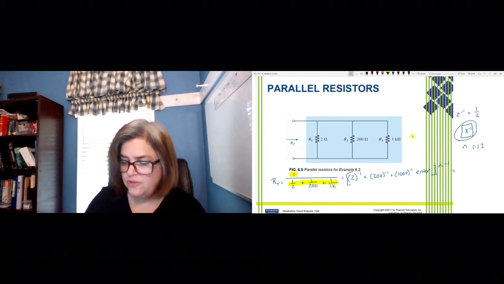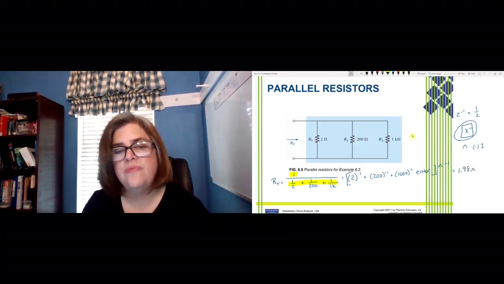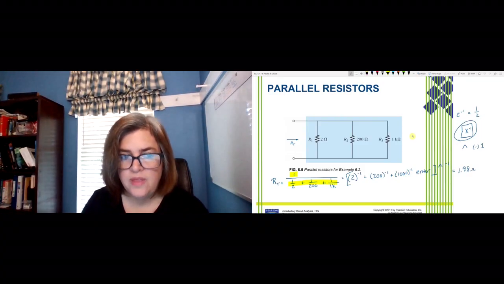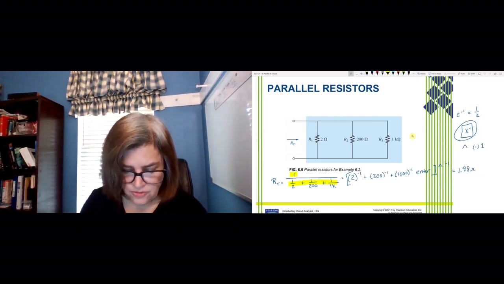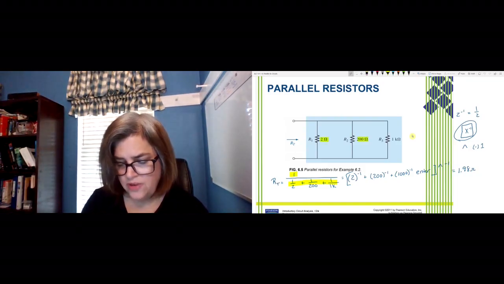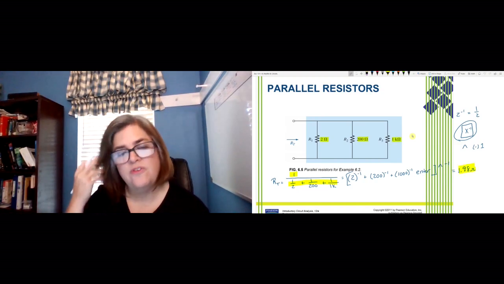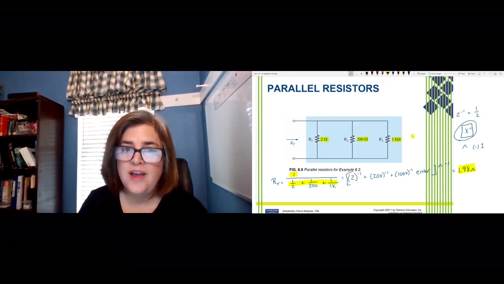Okay, and when I do that, I get 1.98 ohms. So notice something. The original values of resistors I started with were 2 ohms, 200 ohms, and 1,000 ohms, but the final total resistance of the entire network of resistors is 1.98 ohms.